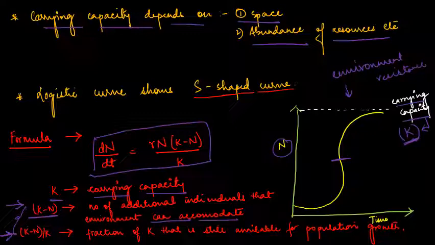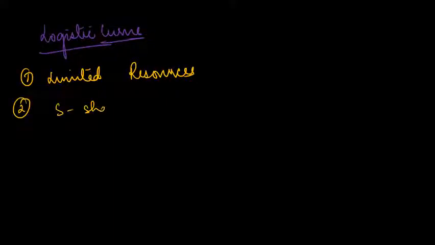Same thing here with (K minus N) by K. So what we have seen in the logistic curve is that resources become limited, so there exists competition among the individuals, and the graph becomes an S-shaped curve.